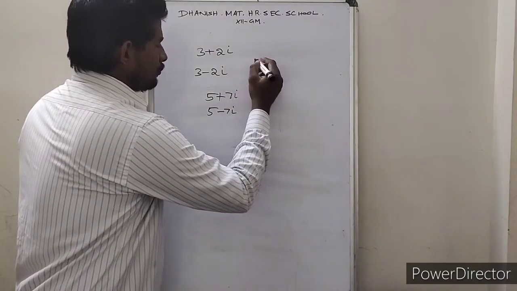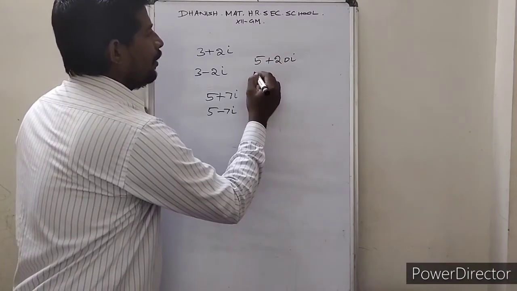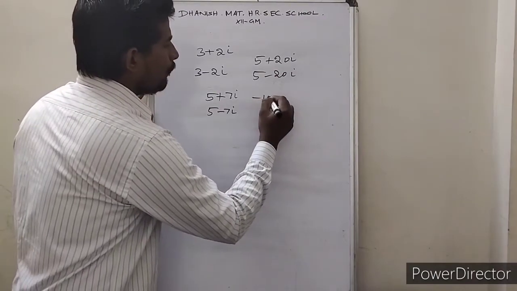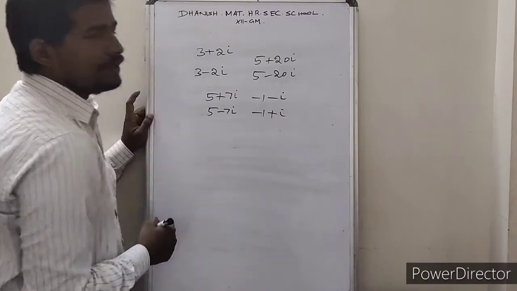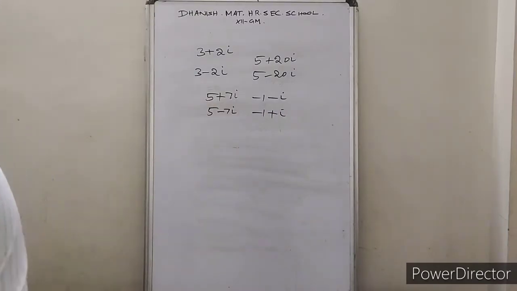Then 5 plus 20i, then 5 minus 20i is also a root. Suppose I have minus 1 minus i, then minus 1 plus i is also a root for the polynomial.